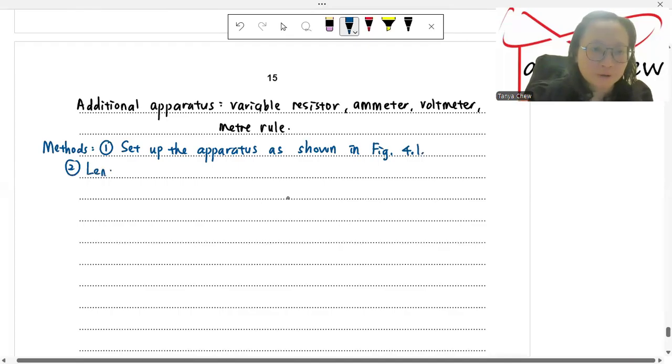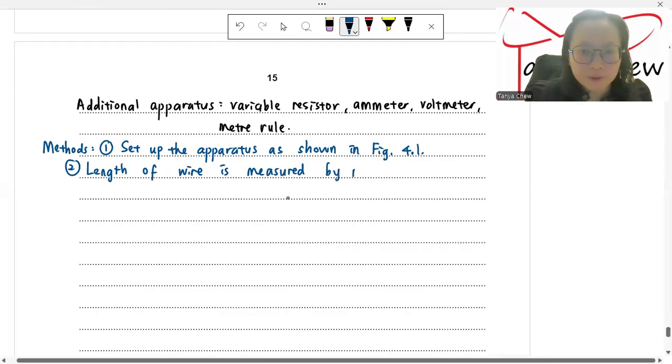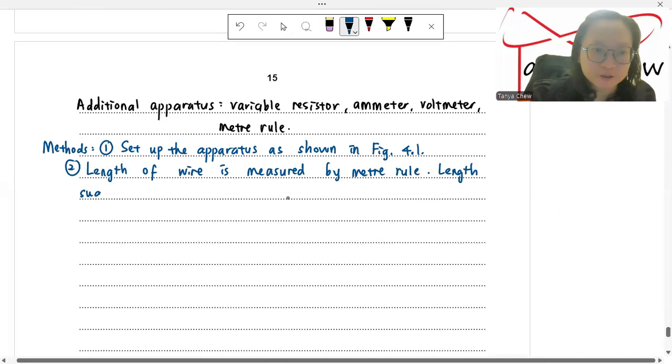Length of the wire. Length of wire is measured by meter rule. And then length. Okay, I will suggest here. Suggested is 100 cm. Easier. So just use the full length of the meter rule.